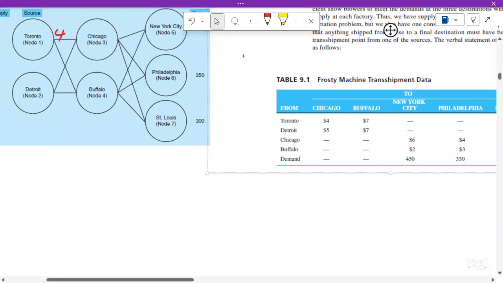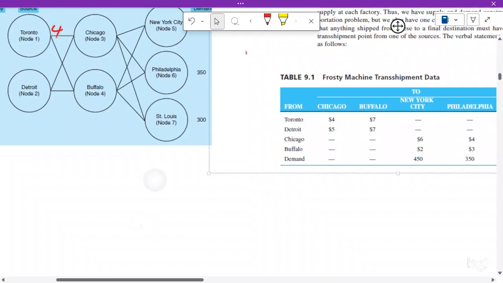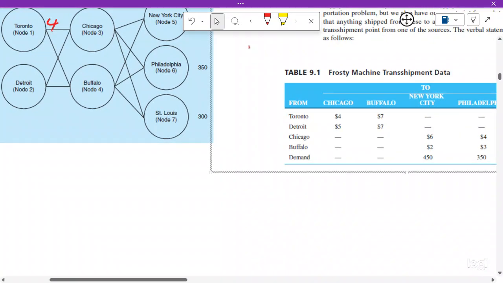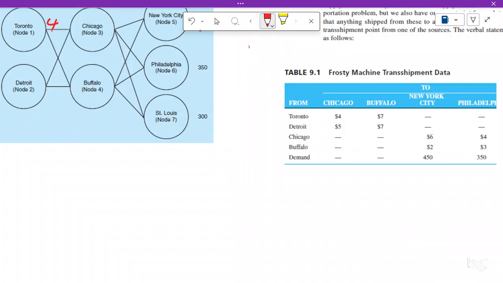Okay, guys, this is recorded. In a recording, it will be crystal clear. So here is 4. Then from Toronto to Chicago, it's your 4. From Toronto to Buffalo, it's your 7.